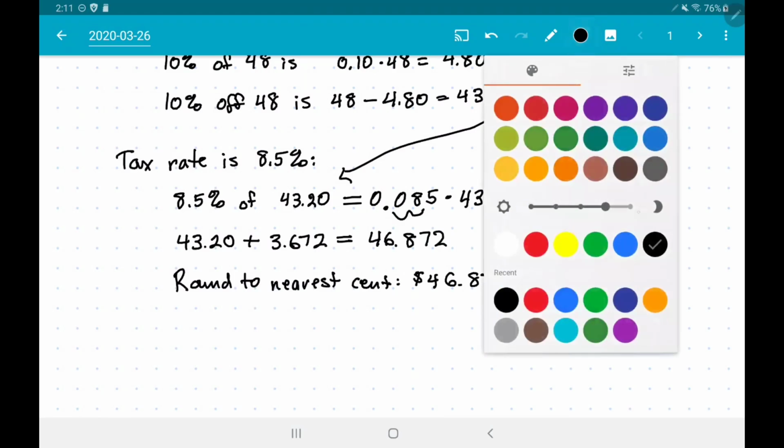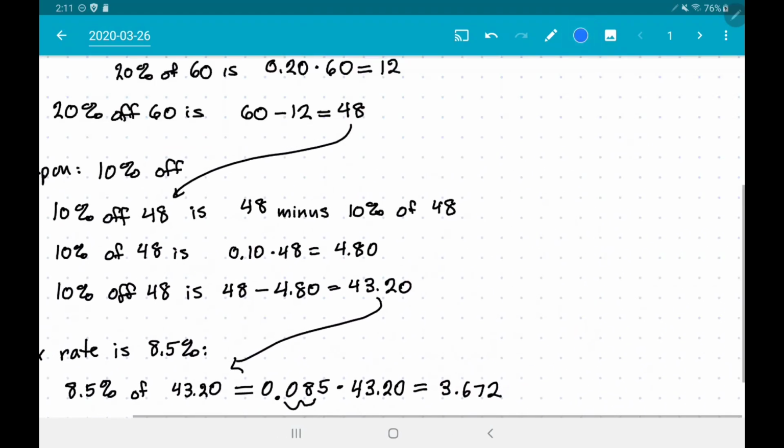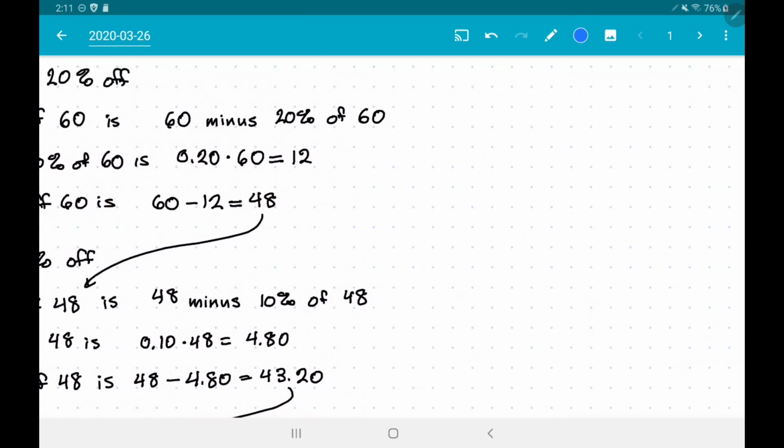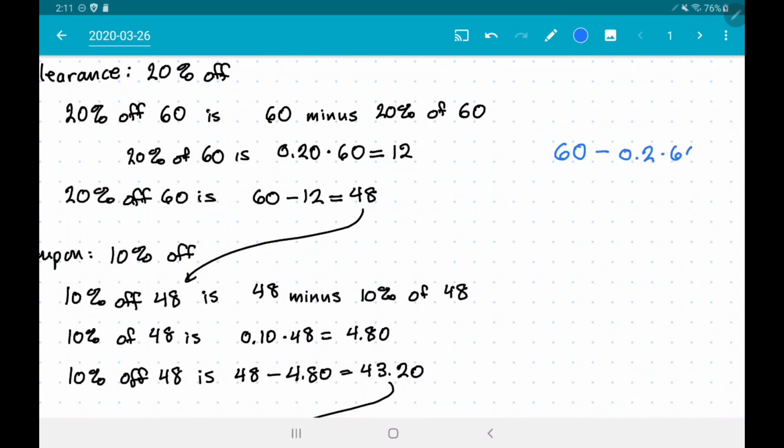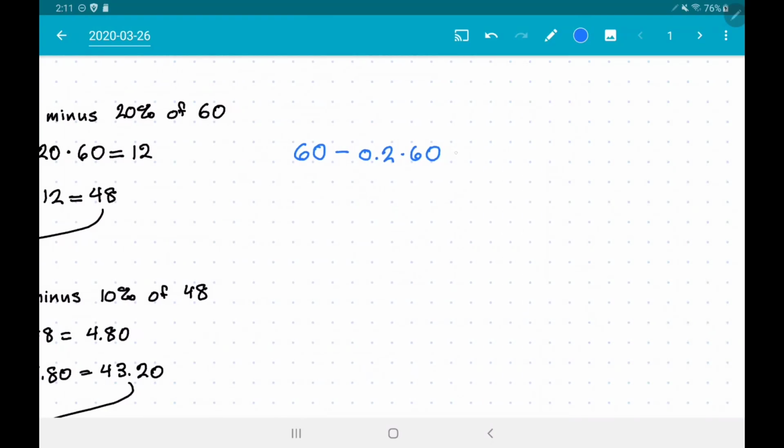Having done this problem, I'm going to go back and show you a different way to organize the calculation. First, we did the 20% off from the clearance. And the calculation that we did was 60 minus 0.2 times 60. Well, I'm going to go over here and factor out the 60. I'll get a 1 from that term, I'll get subtraction from the subtraction, and then I'll get a 0.2, and I can write it as 0.20 just to remind you that that's the 20%.